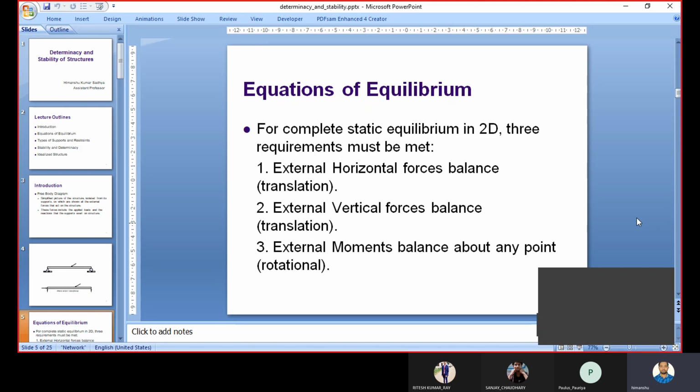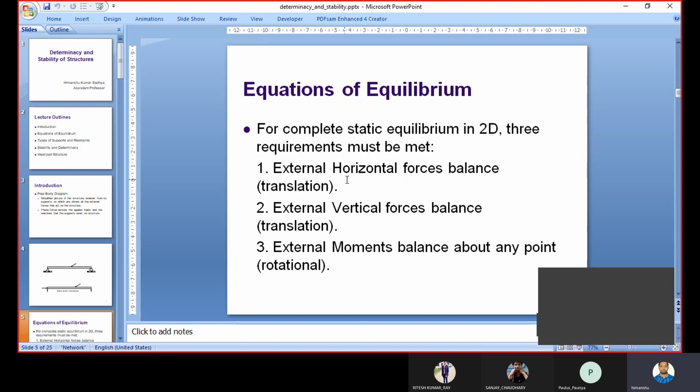A similar case is there when we talk about equilibrium. We talk about only 2D. If we talk about a 2D structure, then we talk about only two forces at a time and a moment generated out of the third.